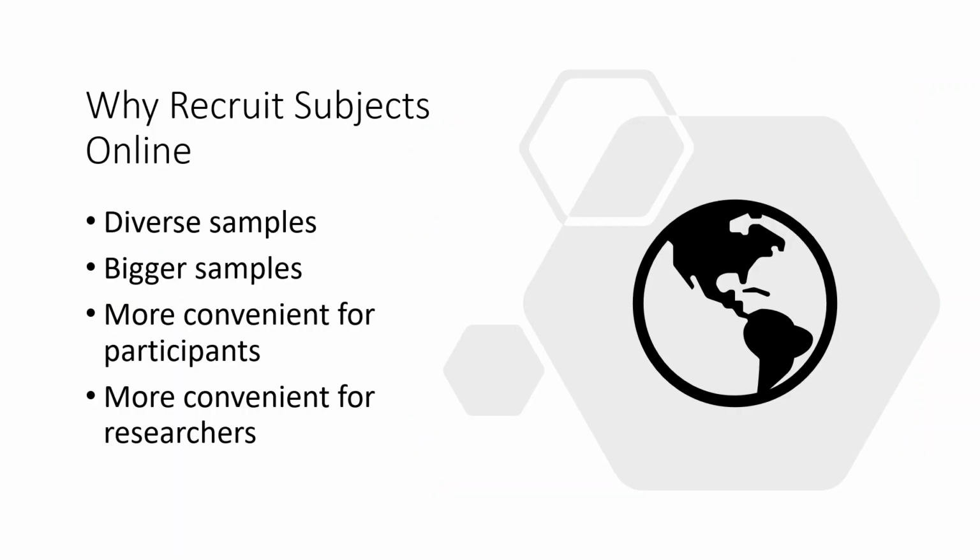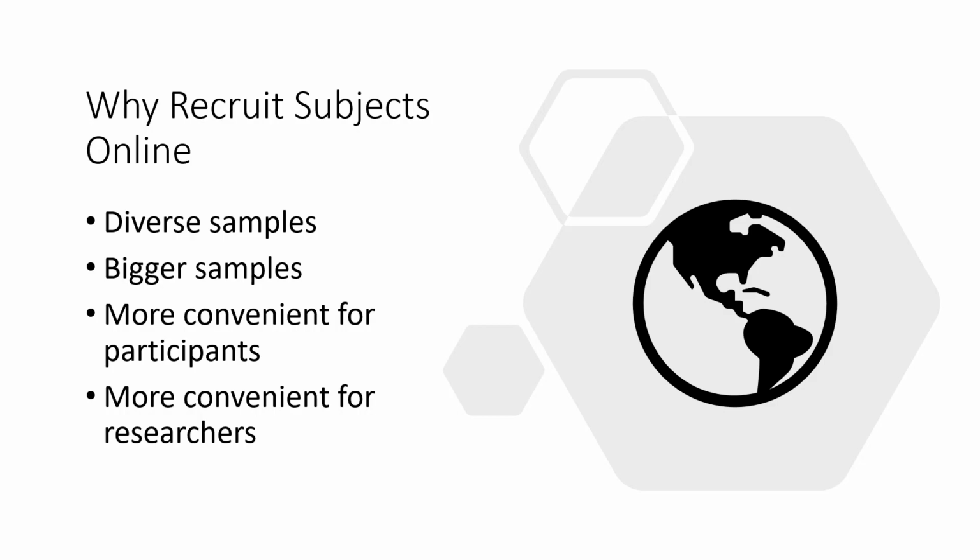All right, so why recruit subjects online? The internet has become more and more pervasive across the globe, which means that you can reach most anyone anywhere in the world for your study. This means you have more diverse samples and bigger samples. You're no longer constrained to recruiting subjects on campus or in your local neighborhood. You can recruit anyone. This also means that you can recruit many more people.